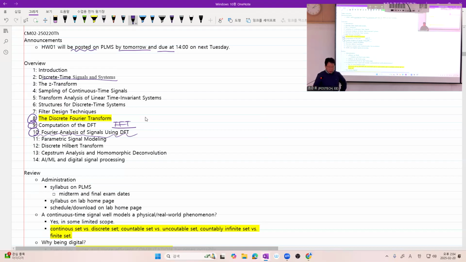These are the key, and we are going to use the DFT and other signal processing techniques to do something interesting. For example, I'm not yet sure whether we can reach that part, but there is something strange called cepstrum. By the way, cepstrum is not well known, but after you mix up these characters, it looks like spectrum, right? See that?